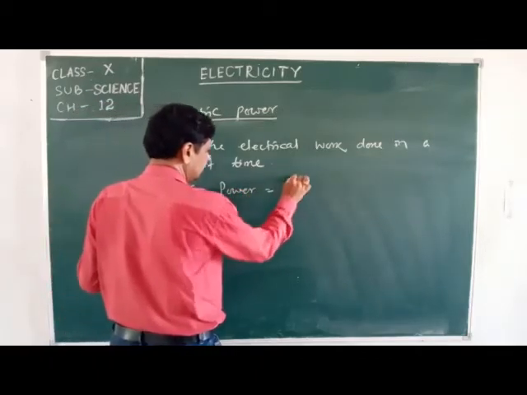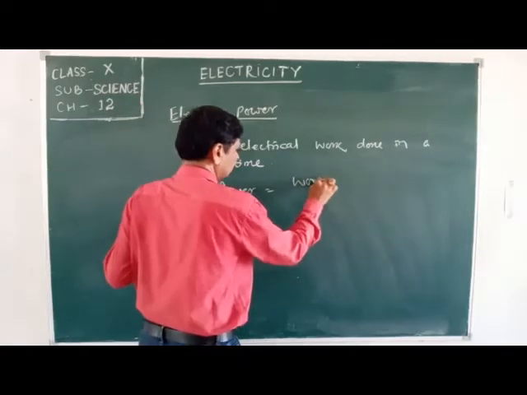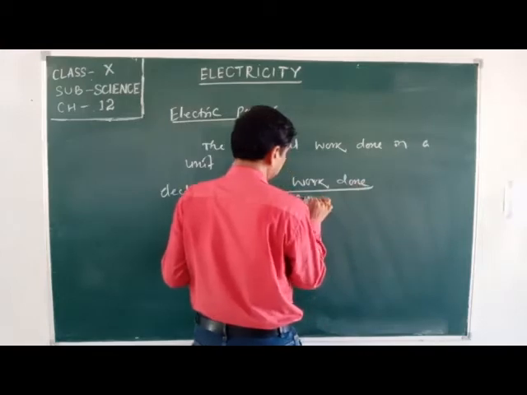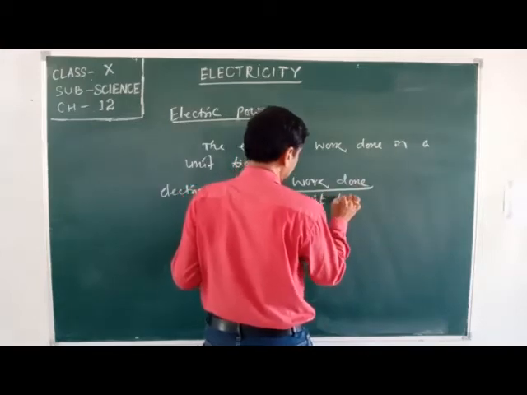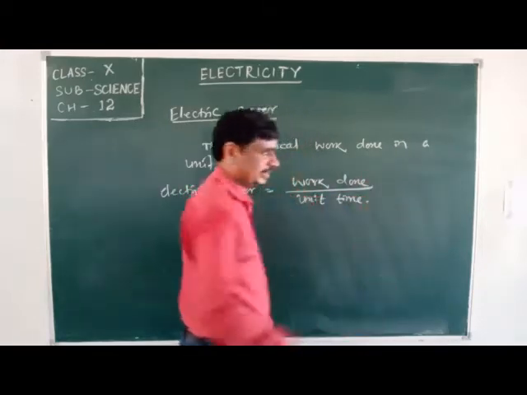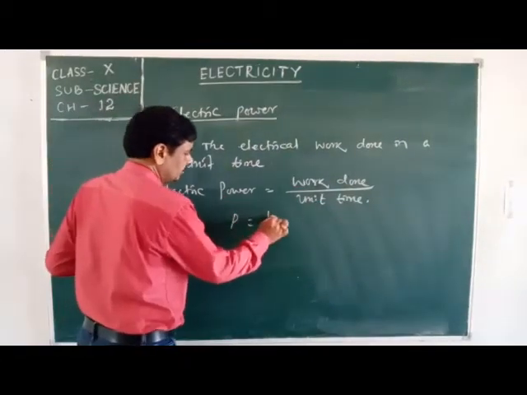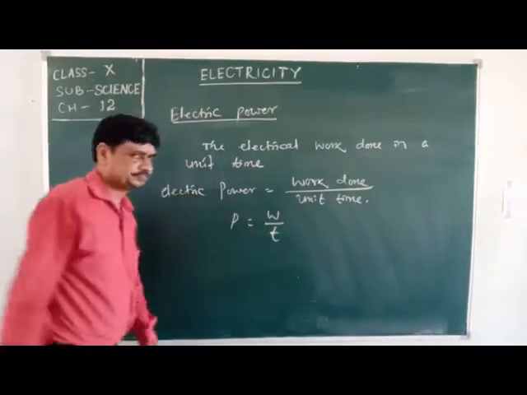Electric power is work done per unit time. That is, P is equal to W by T.